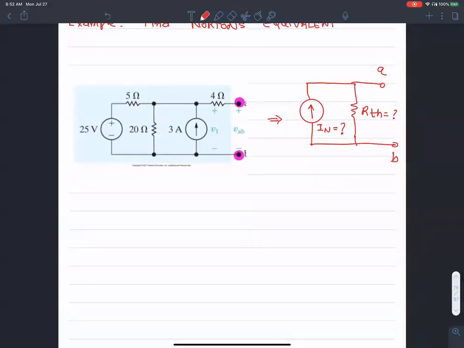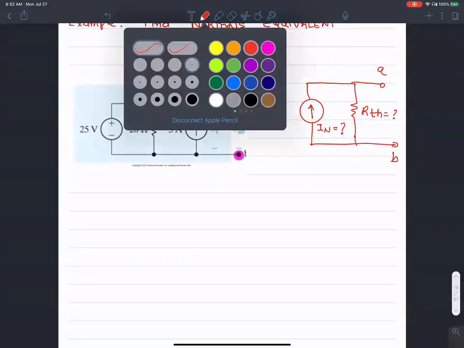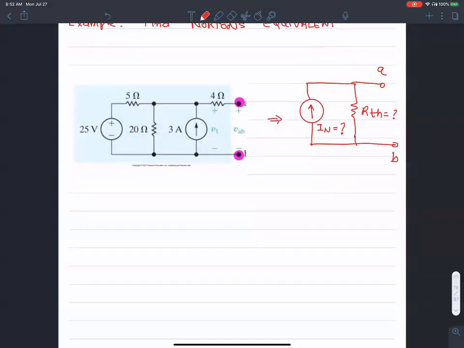So finding Norton's equivalent circuit has two steps. Just like before, earlier you found VTH, but now you simply find the value of IN. And step 2 is find the value of RTH.